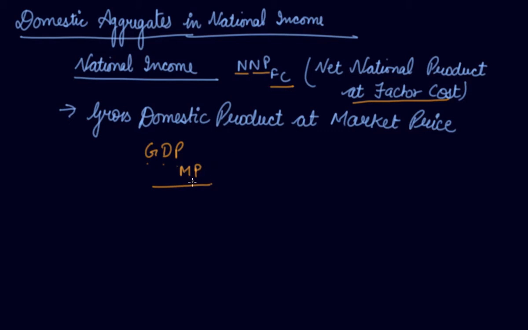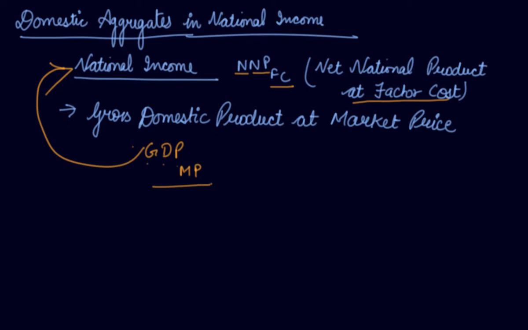Means all the products that are produced in the economy during an accounting year, all the goods and services. So this is your GDP at MP. We will learn the various methods to calculate this, like your income method, your expenditure method, your value addition method, right? From this we will calculate national income.